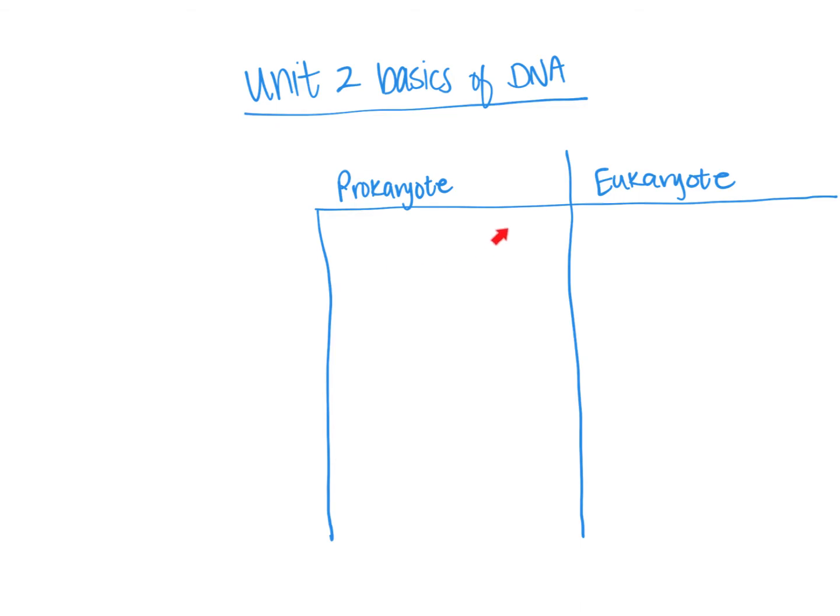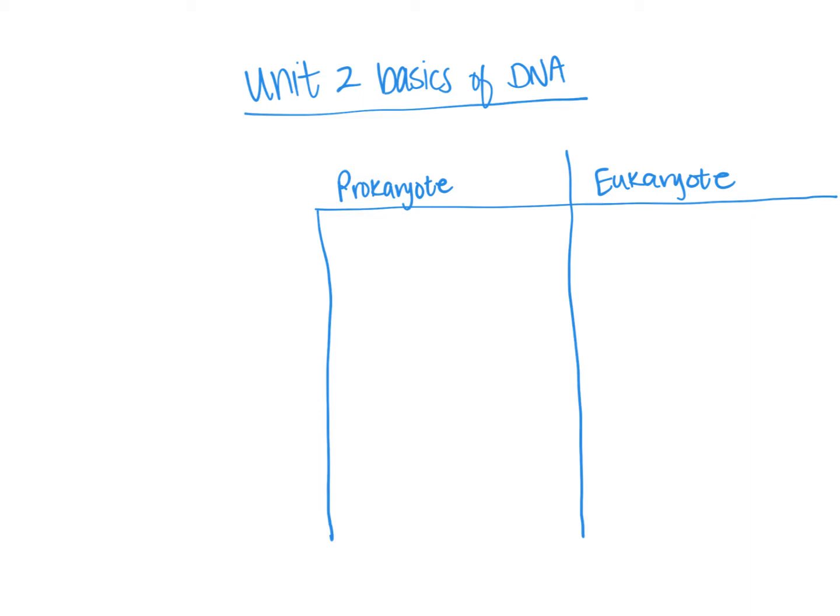So if we're talking about the shape of prokaryotic DNA, then this line is to help us remember that we also need to include the shape of eukaryotic DNA. So this space is going to contrast directly with this space, and it's important that you keep both of those, or you mention both of those on any free response questions.